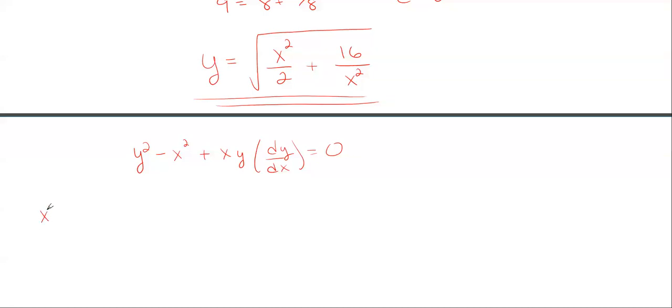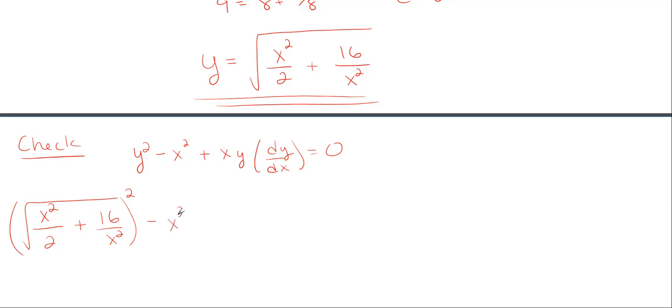So we would have, and this will be our check here: x squared over 2 plus 16 over x squared, square rooted, and that first y is squared, minus of x squared plus x times y, which is, once again, x squared over 2 plus 16 over x squared, square rooted.